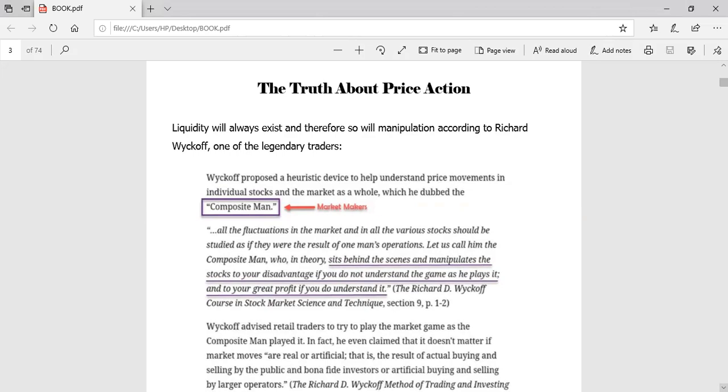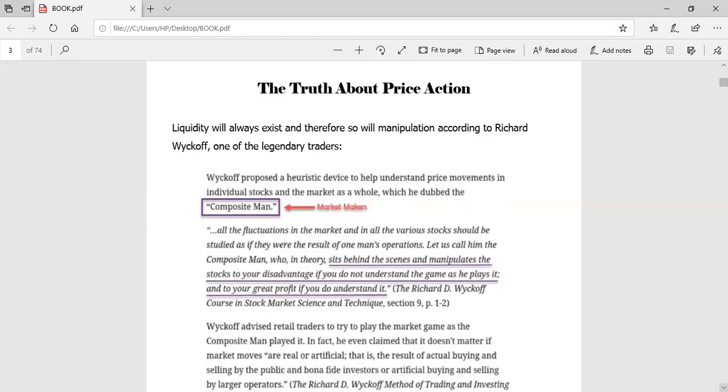It is called the composite man, who in theory sits behind the scenes and manipulates the stocks to your disadvantage if you do not understand the game as he plays it, and to your great profit if you understand it. So if you understand the game of manipulation, you will profit from it. If you don't understand, you are the liquidity that they want to take off the market.